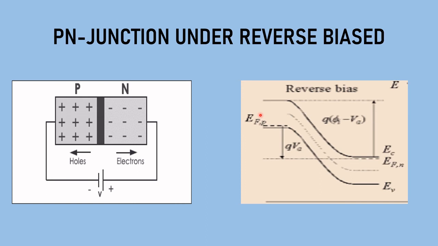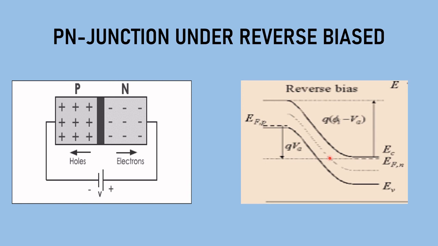In thermal equilibrium, the Fermi energy level is constant throughout the system. But when we apply a voltage between the P and N region, the equilibrium condition is broken. The Fermi energy level will no longer be constant throughout the system.